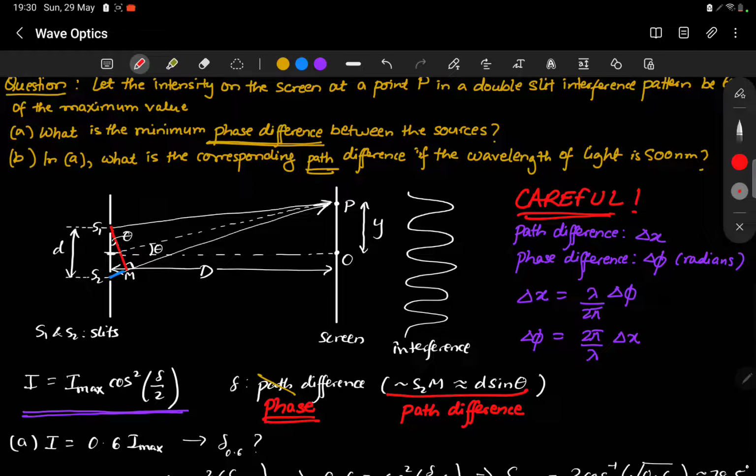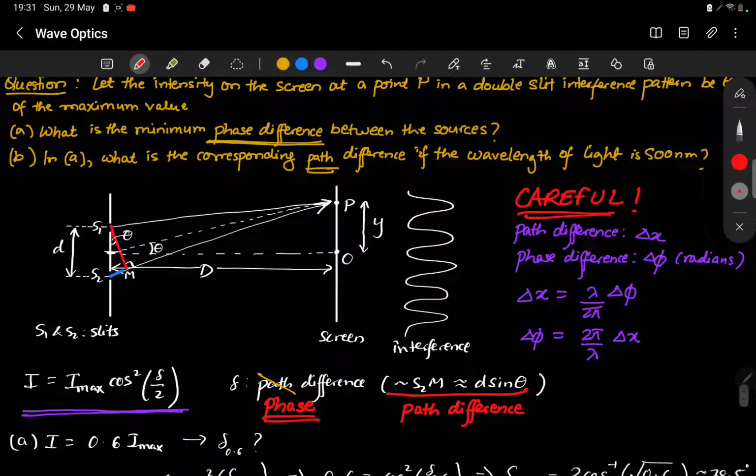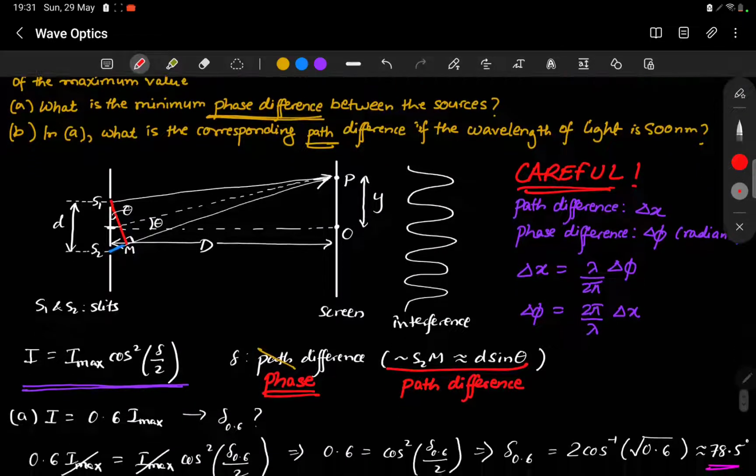So path difference and phase difference are related with a factor of lambda over 2 pi between them, and this path difference is approximately d sine theta. From the path difference we can find out the phase difference, or from the phase difference we can find out the path difference.